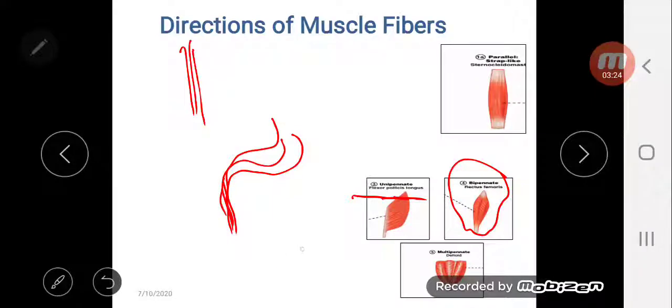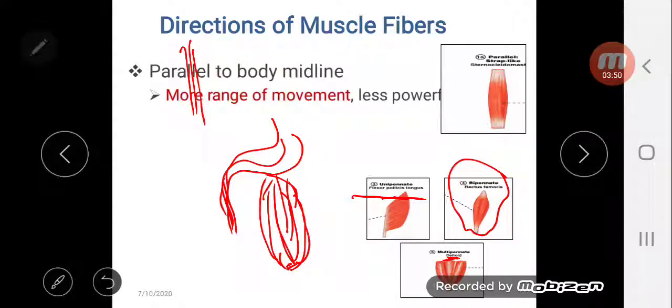And we have the deltoid, which is triangular in shape, and it has multipinnate direction of the muscle. For example, deltoid, it is located in the shoulder.